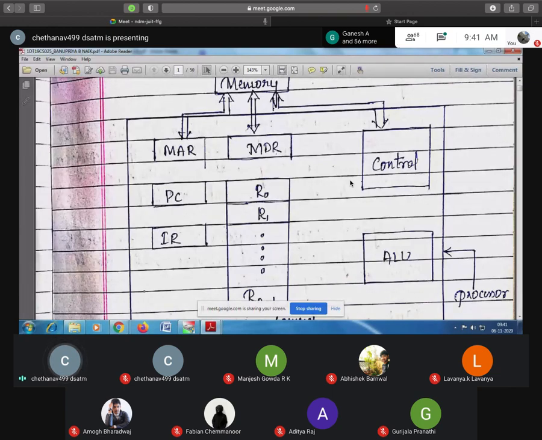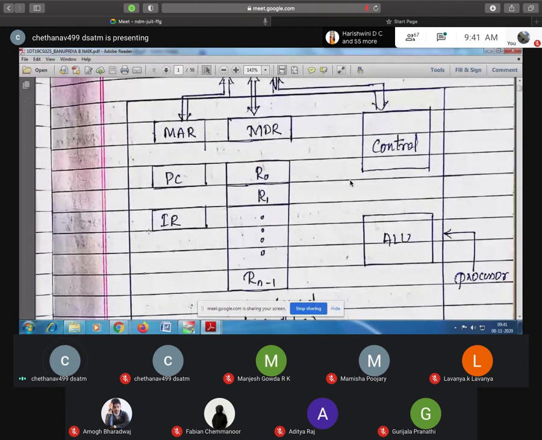MDR, the memory data register, is where I keep the data I access from memory. And we have the instruction register. When I want to execute an instruction, that instruction will be stored inside the processor, in the IR.